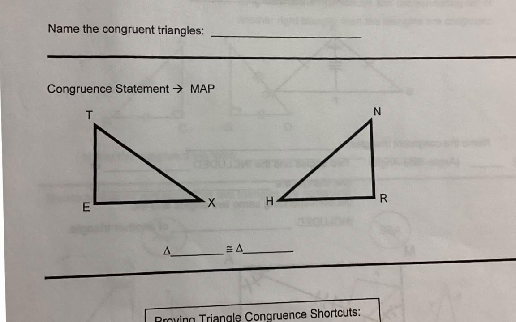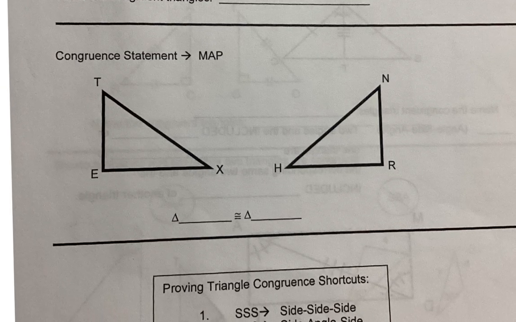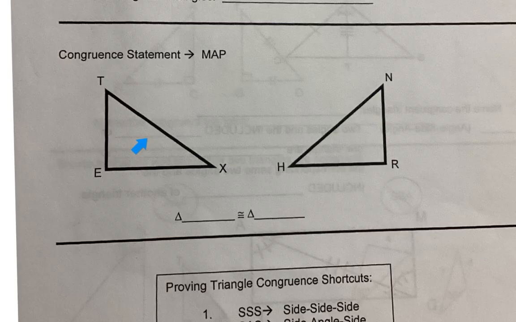If we show all six of those things, then we can say that these two triangles are congruent. That's really the whole purpose of what we are doing with congruent triangles. Then we can find missing sides, missing angles, whatever we need.